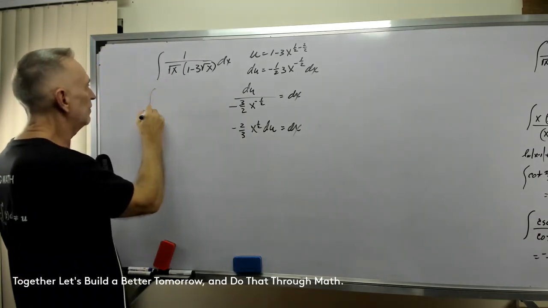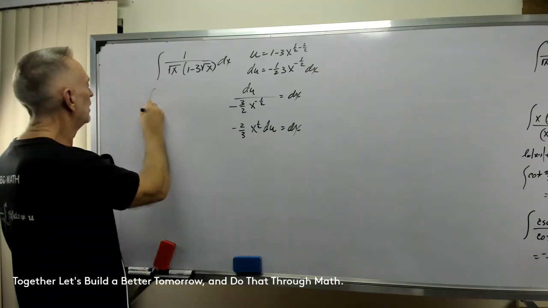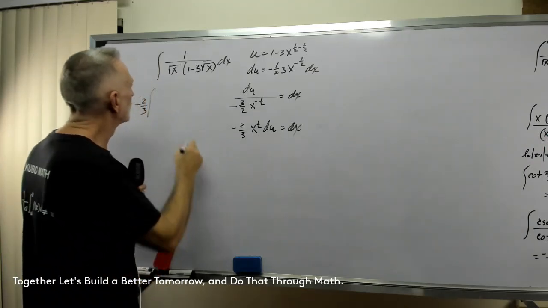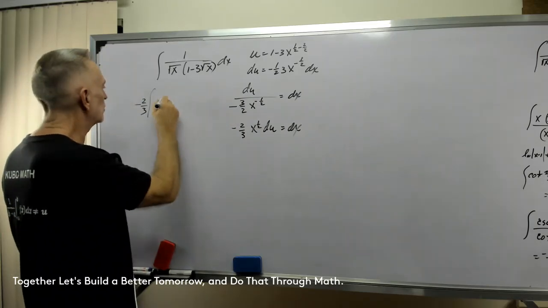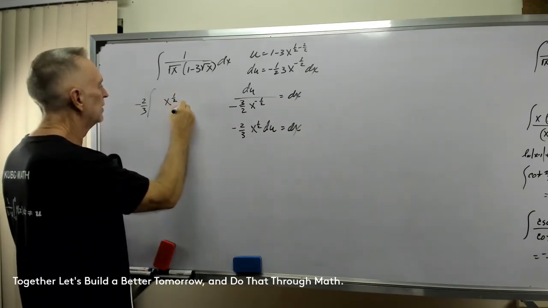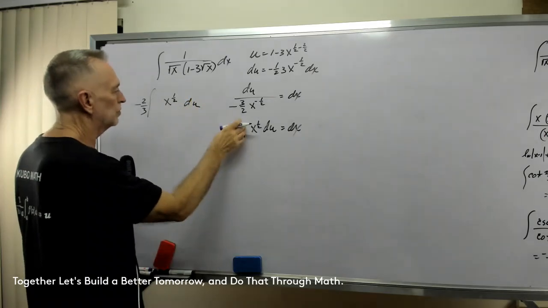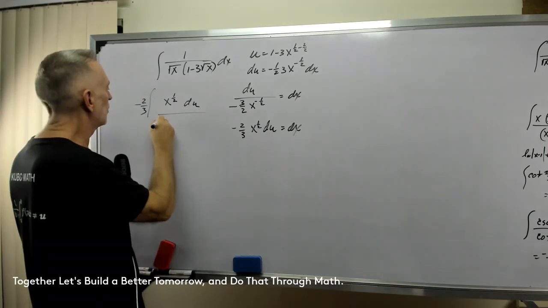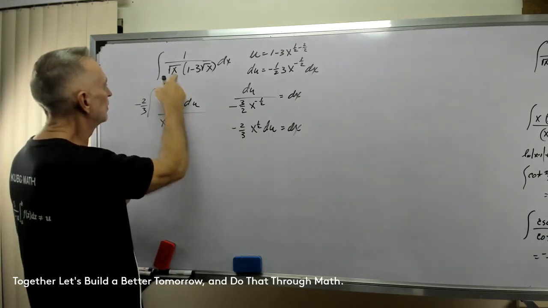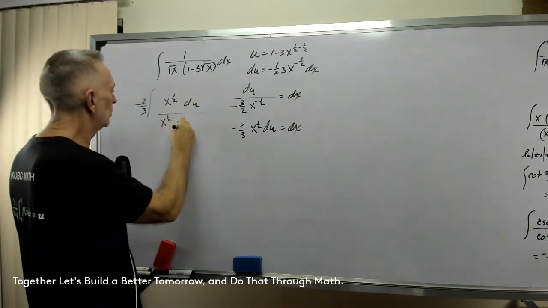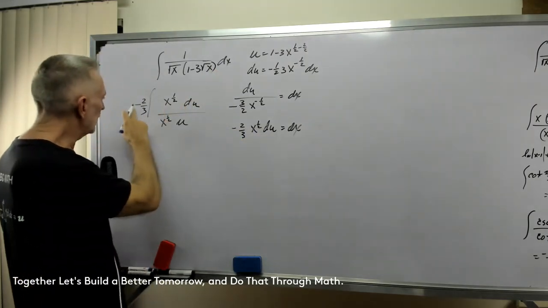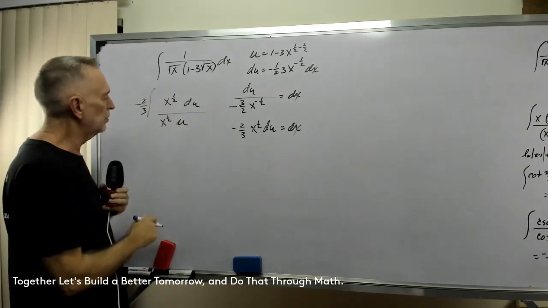Now, I have the integral of, I'll put this minus 2 over 3 to the outside, x to the 1/2 du over x to the 1/2 times u, since we've already replaced dx with minus 2/3 x to the 1/2 du.